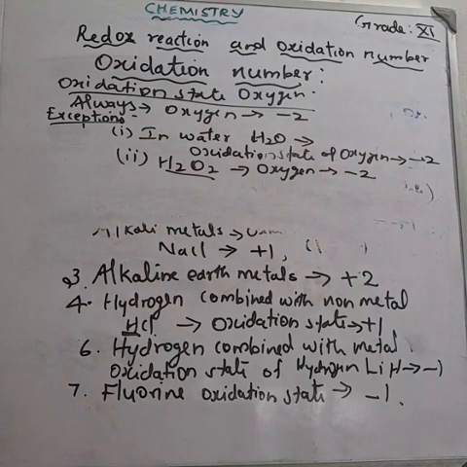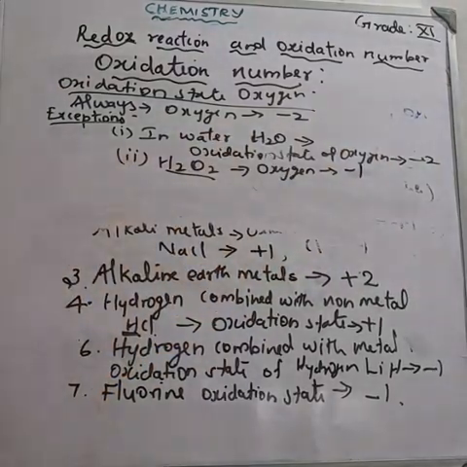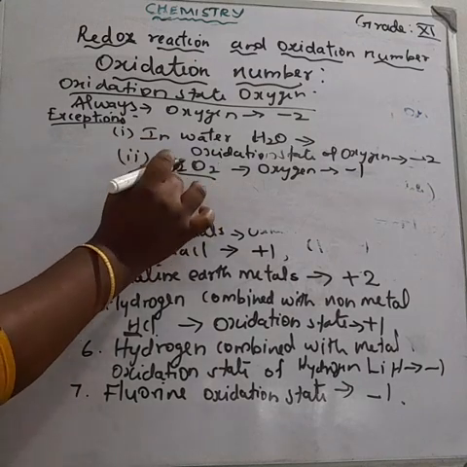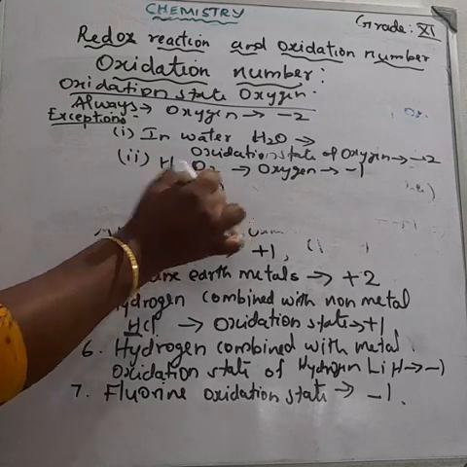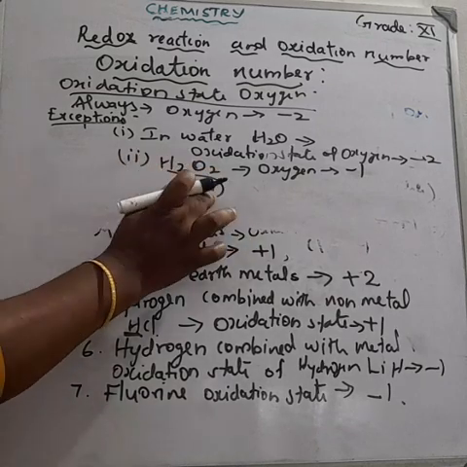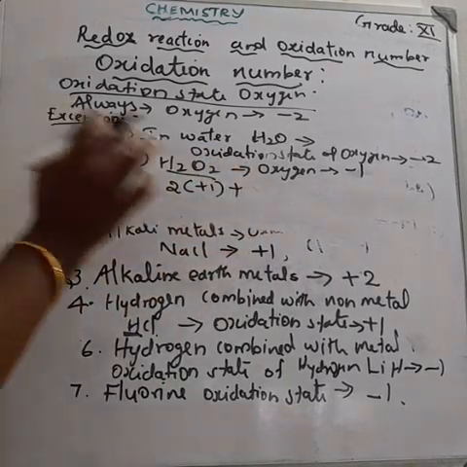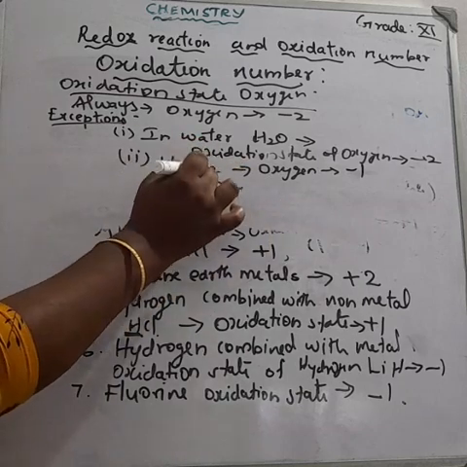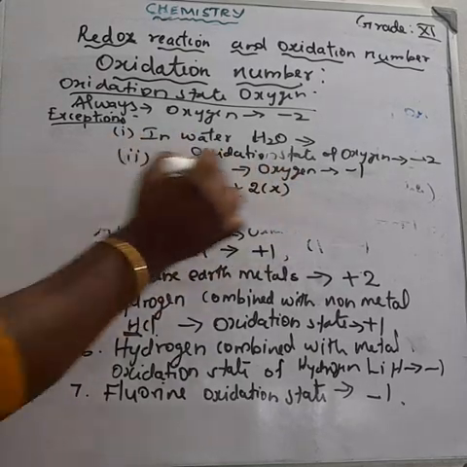Understand? -1. For example, H2O2, we have to calculate the oxidation state of oxygen here. What is the oxidation state of hydrogen? +1. So 2 into +1 plus the oxidation state of oxygen, which we don't know. Here how many atoms are there? 2 oxygen atoms. So 2 into x is equal to 0.